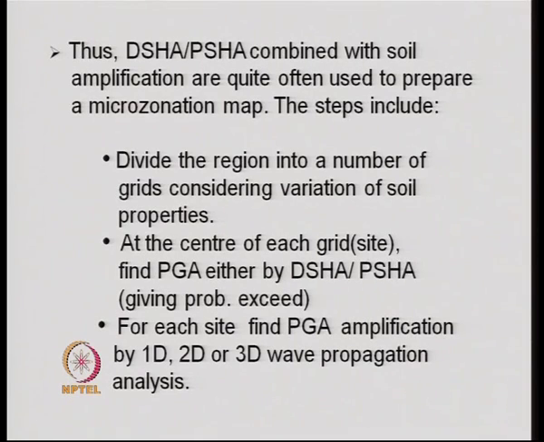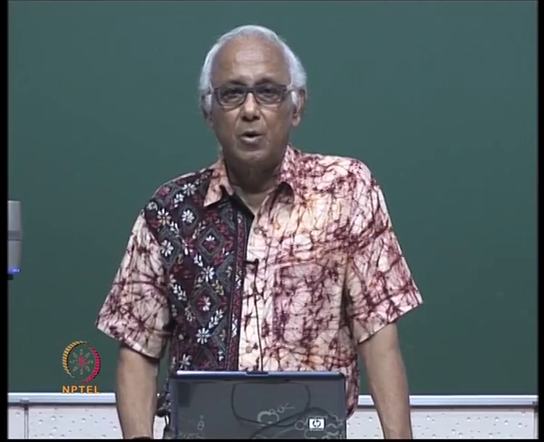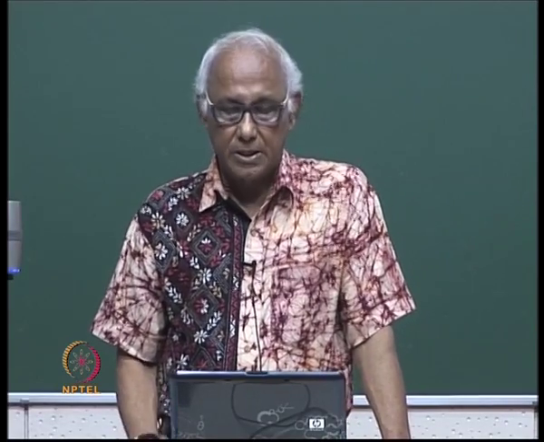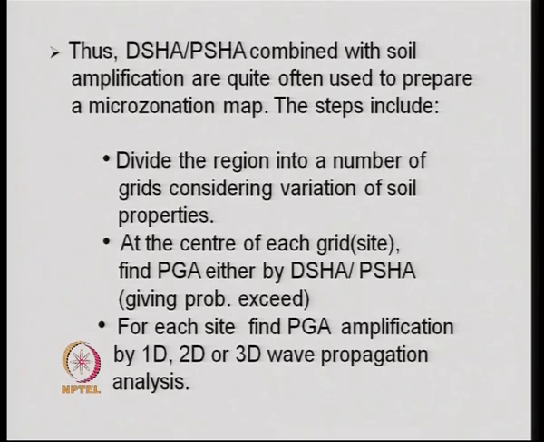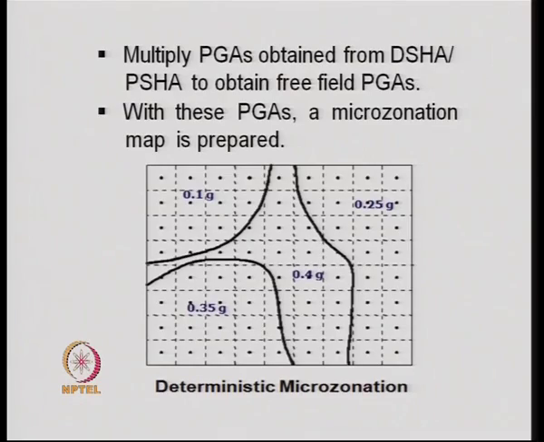And then for each site, that is the center of the grid, one can find out the PGA amplification by performing a one-dimensional, two-dimensional, or three-dimensional wave propagation analysis. That is what we discussed before. Then multiply the PGAs obtained from the DSHA or PSHA analysis by the amplification factor, and accordingly prepare a microzonation map.